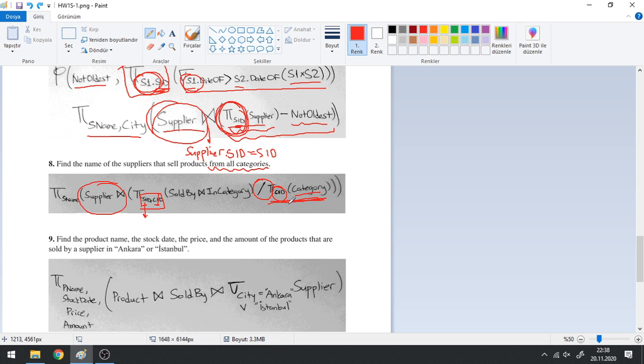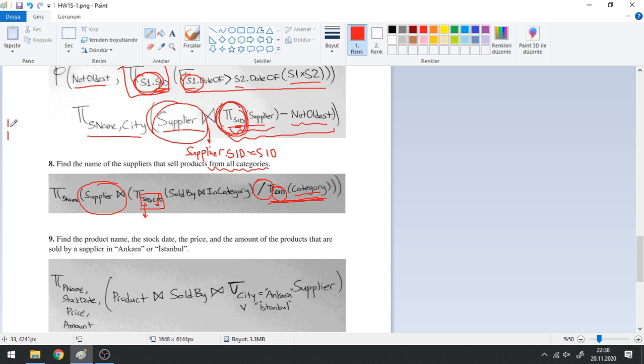Without the division operation, we cannot do this question. So remember, with division operation, if I have, let's say, these are some suppliers, let's say SIDs 1, 2, 3, and maybe I can make it a little larger.